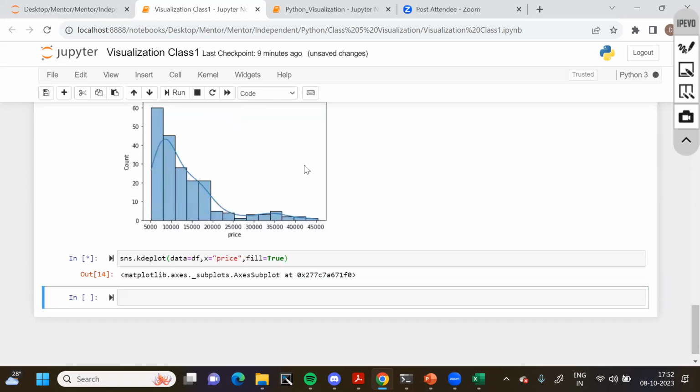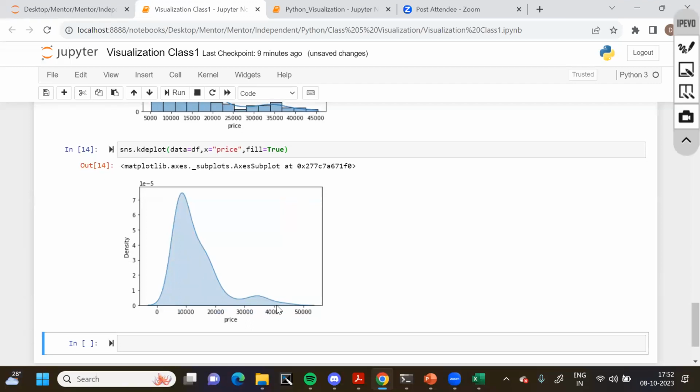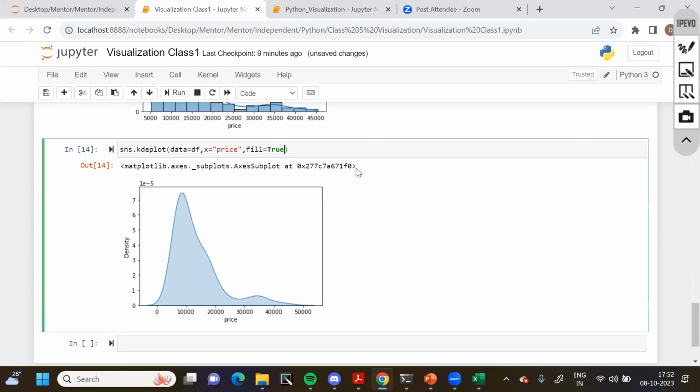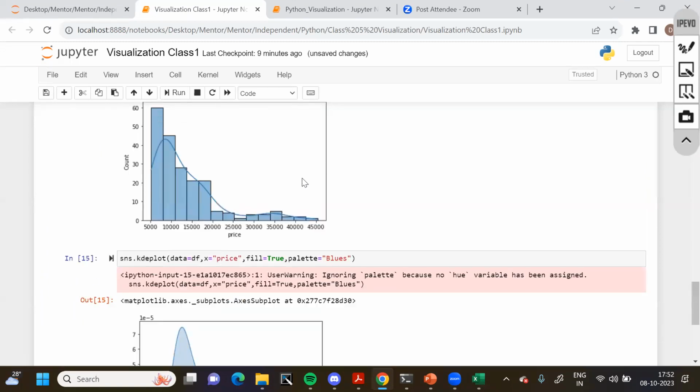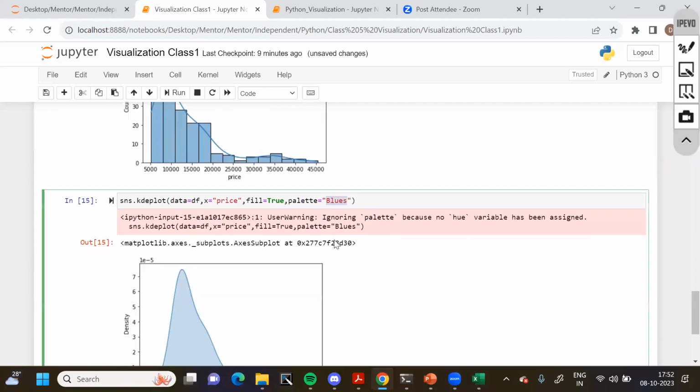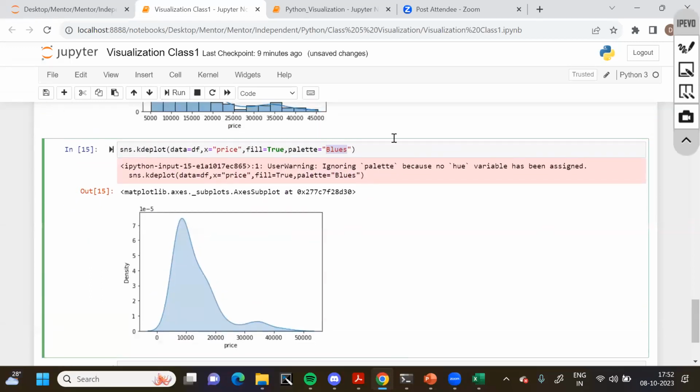I don't know whether it works. Okay, so if I put the fill, it has filled it. If I didn't put the fill, it has filled it. Now select color, it will be... I think this is the same color.